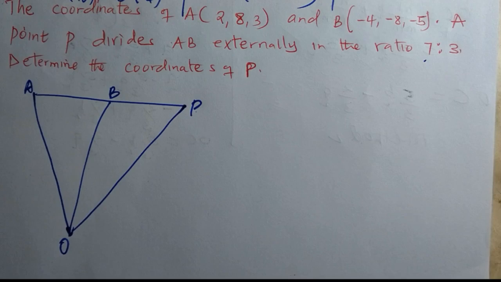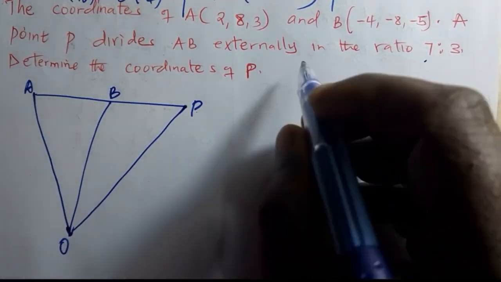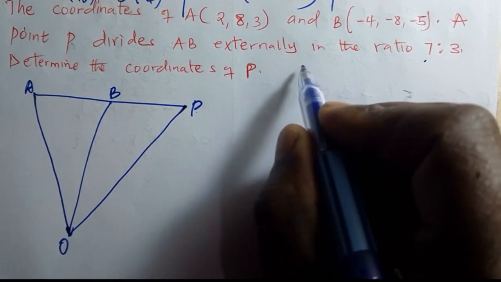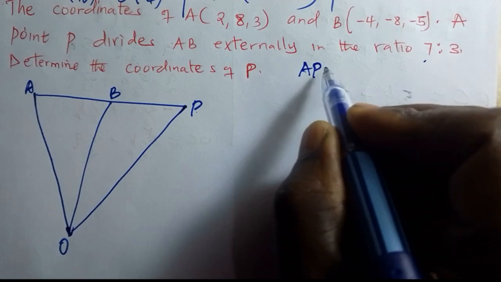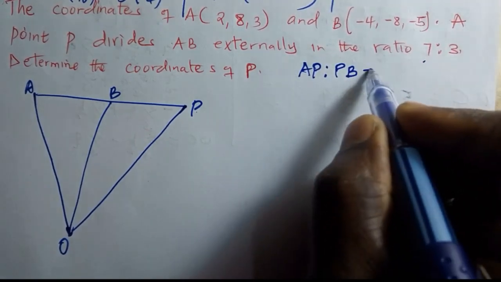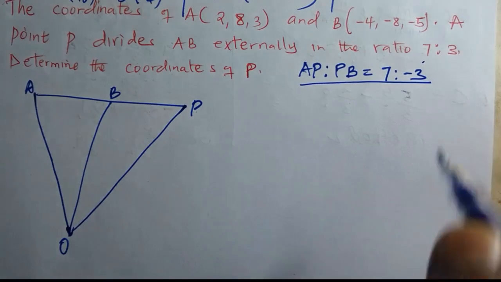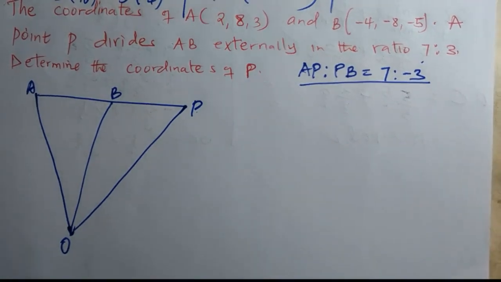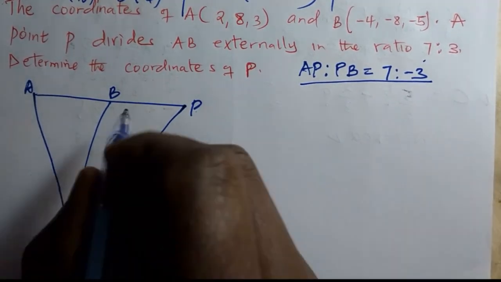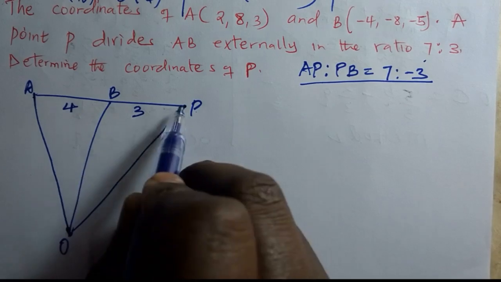That is minus 3, because this is the same as AP to PB is equal to 7 to minus 3. Hii inamaanisha hivi. That's what it means. So it means here is 3 units, here is 4 units. That's why from here up to here is 7.